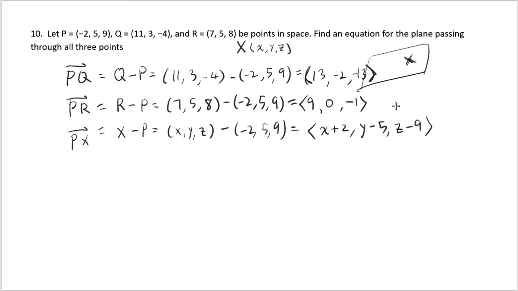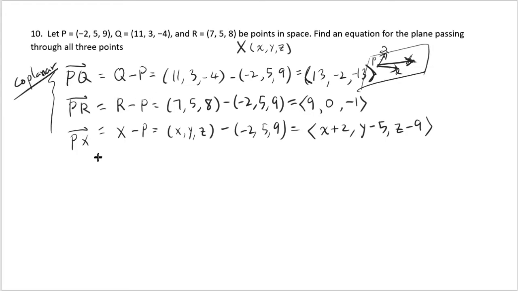Now, considering that P, Q, R are 3 points on the plane, you have the PQ vector, PR vector, and PX vector, and considering that these 3 all lie on the same plane, we say these should be coplanar vectors.